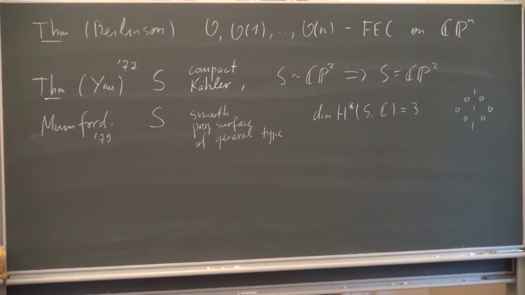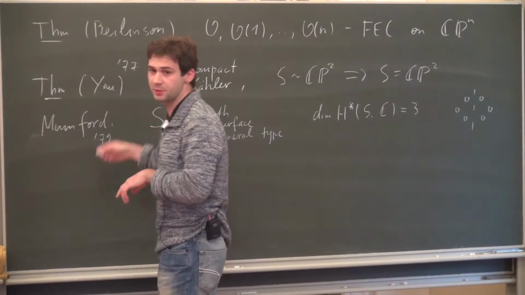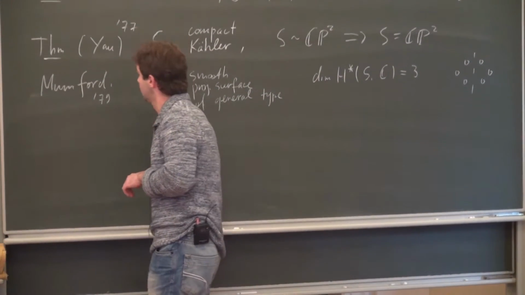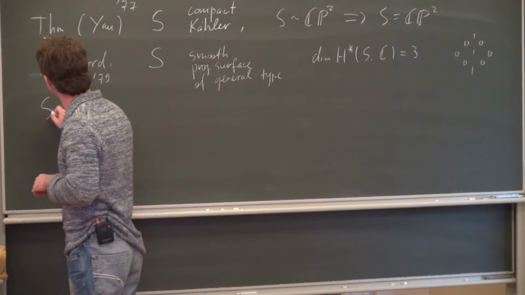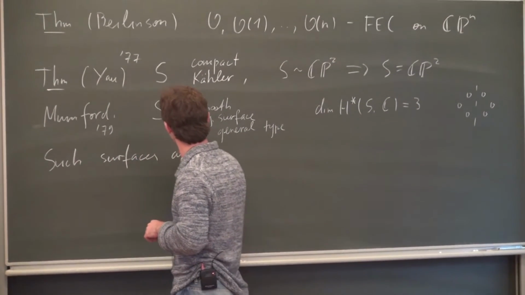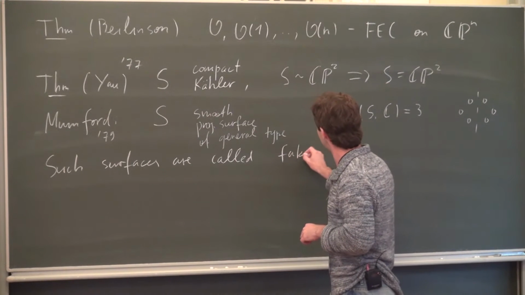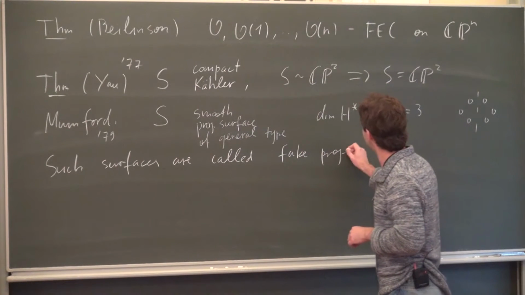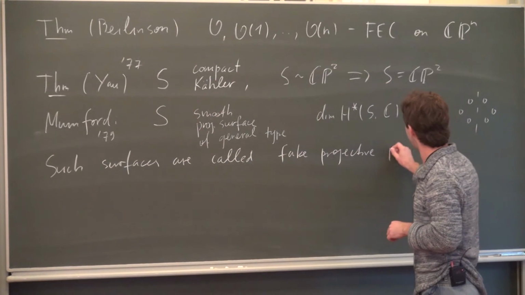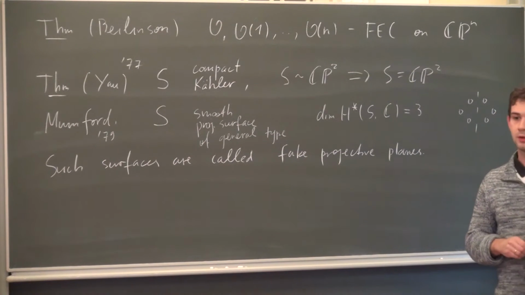Right, and these surfaces were called fake projective planes. Is the example of Mumford one surface or several surfaces?